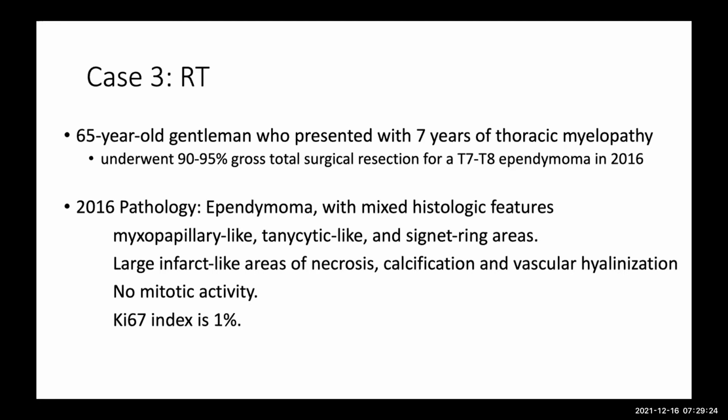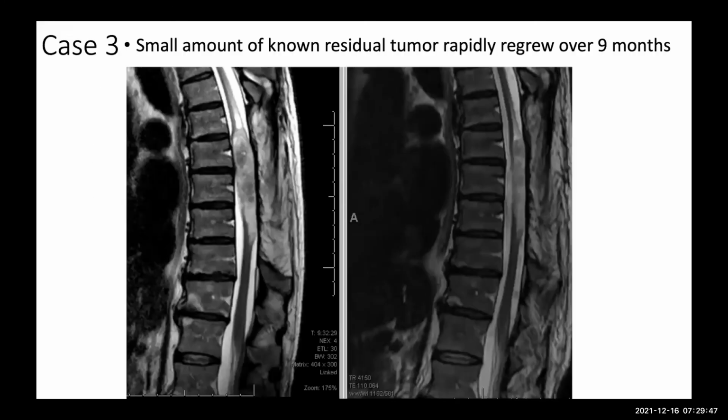The pathology at that time was actually myxopapillary-like, and it had a very low Ki-67 index, no mitotic activity. So like I was just speaking about, this is an ependymoma day. It was more like one of the more benign ones that are found in the conus and more distally. But it recurred very quickly over a period of about 9 months.